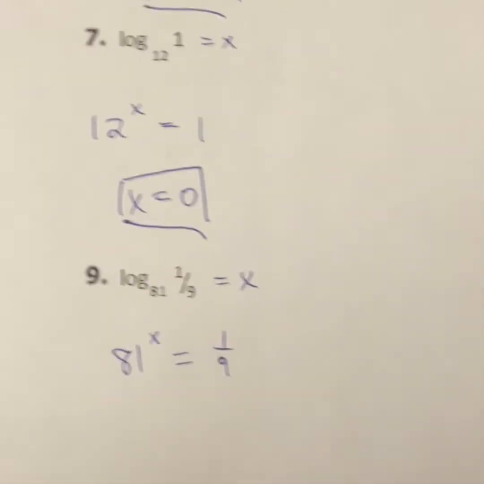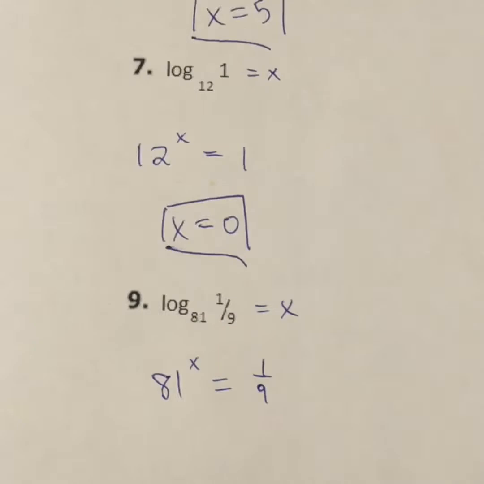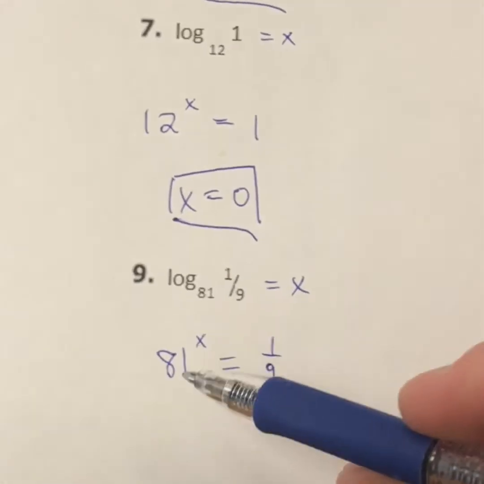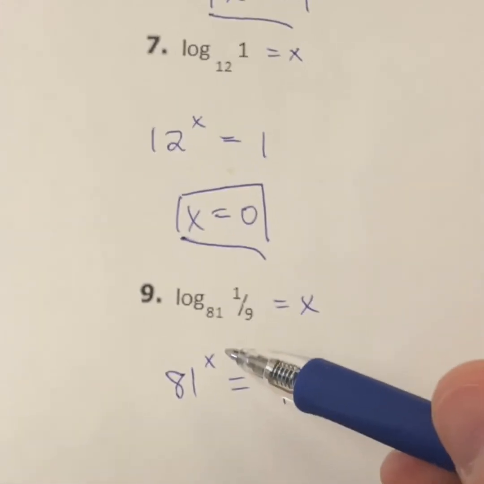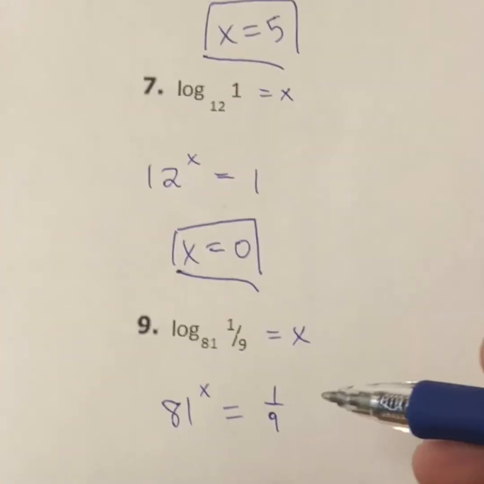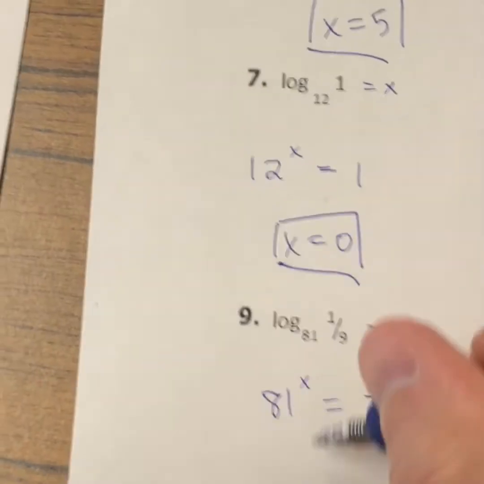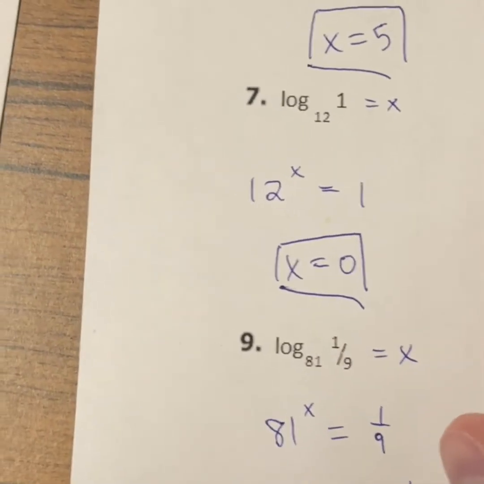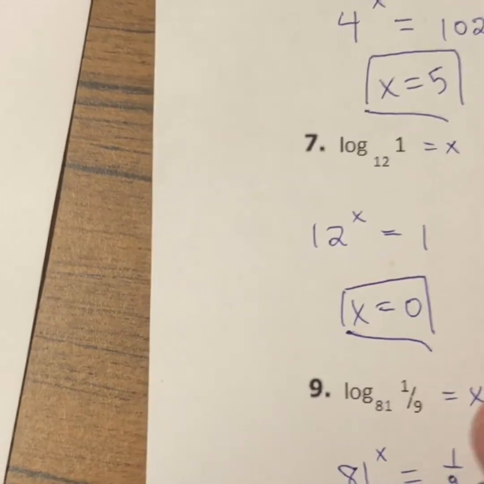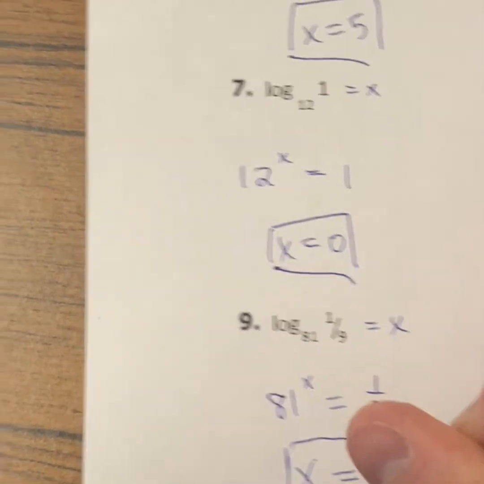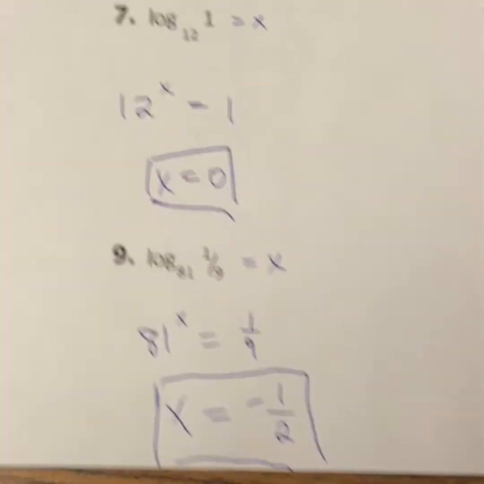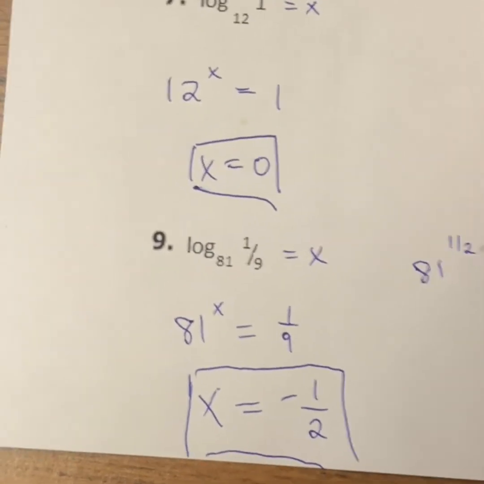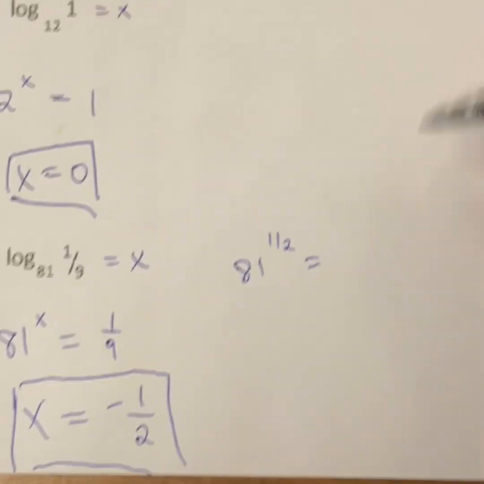If you remember from the other videos, when you raise something to the 1/2 power, it's the same as square rooting it. So if we were to raise 81 to the 1/2, that would just be 9. But since we want 1 over 9, we're going to need x equal to negative 1/2. Once again, if I took 81 and raised it to the 1/2 power, that gives me just 9.